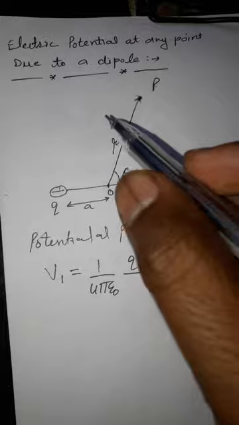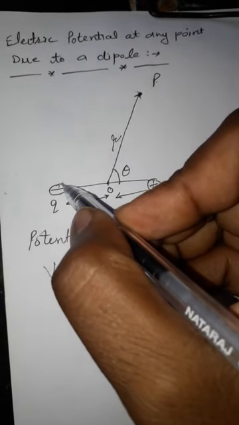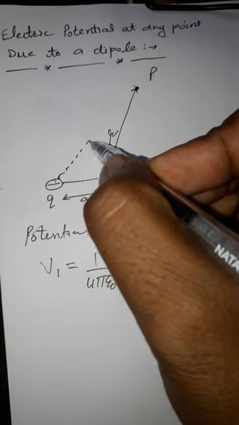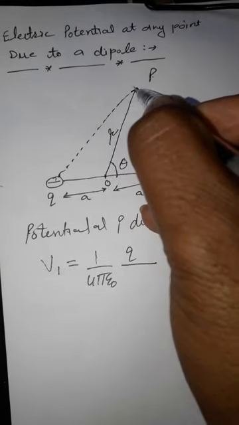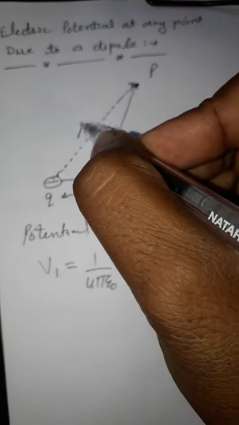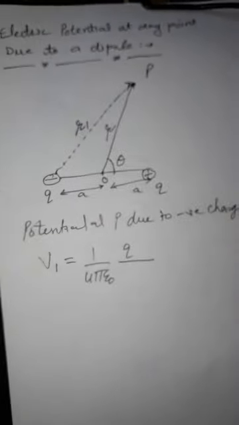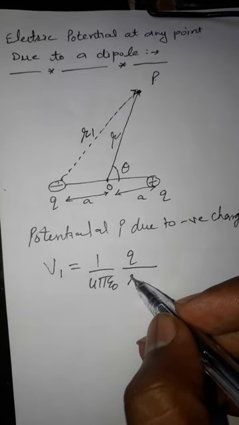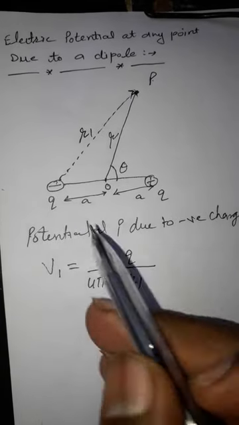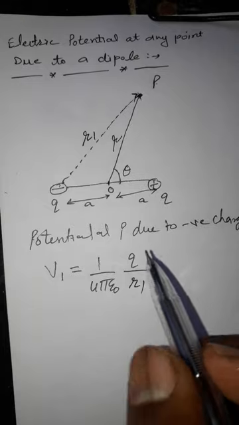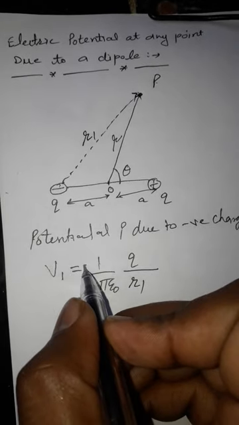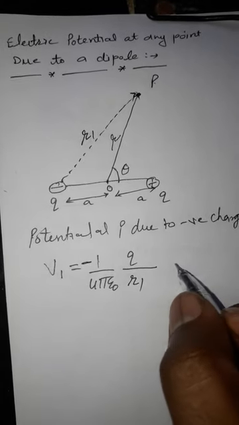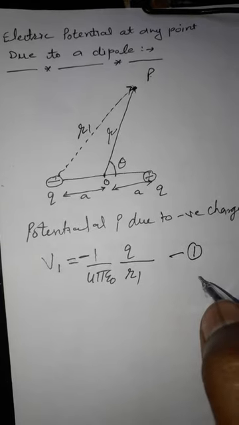Let the distance between this charge and this point P be r1. Here, as the charge is negative, this potential should be negative. Say equation 1.